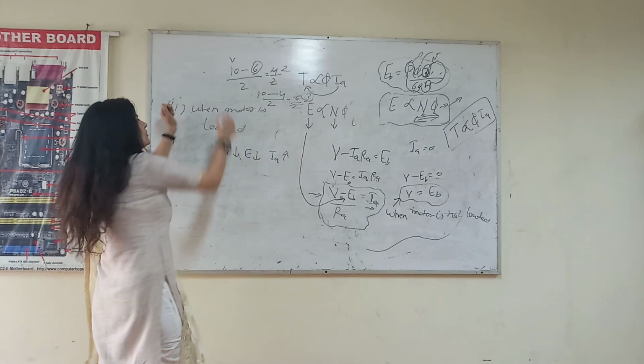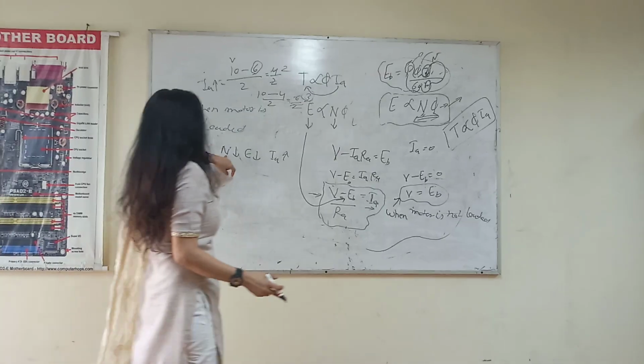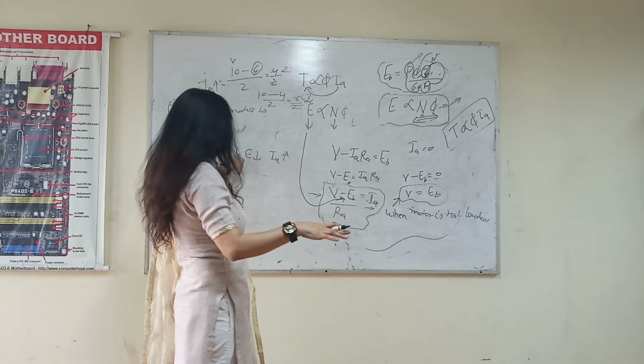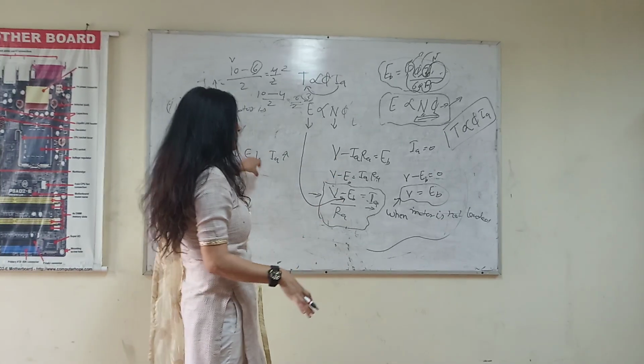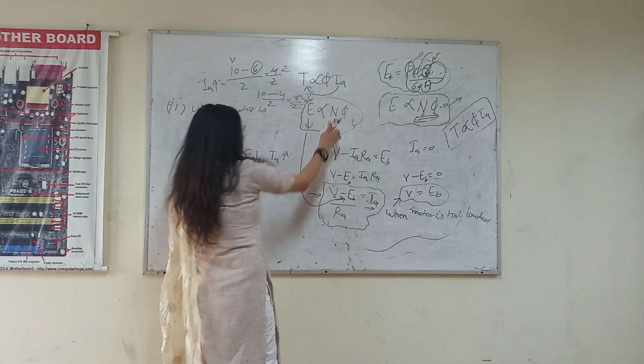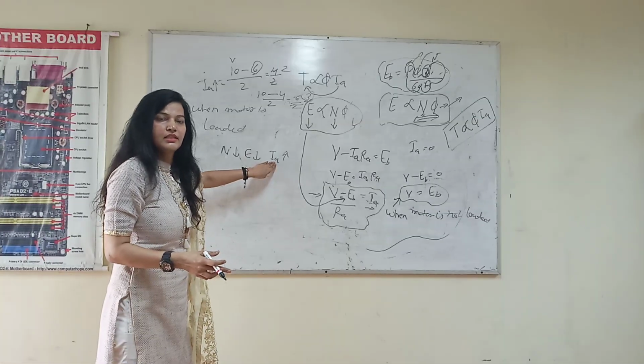Increases. So Ia increases. When motor is loaded, speed slows down, back EMF also slows down, and your armature current increases.